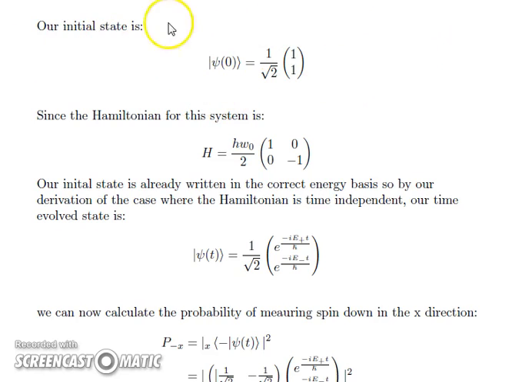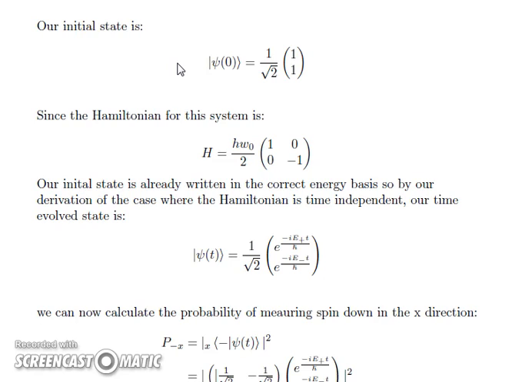And I should mention that in the problem they give that the beam is traveling along the z-axis with the magnetic field along the x-axis, but I just switched it around so that the beam travels along the x-axis and the magnetic field is along the z-axis, because I'm more comfortable working in the z-basis because of the previous calculations that we've done, and they are equivalent situations. So the probability that I calculate should be exactly the same.